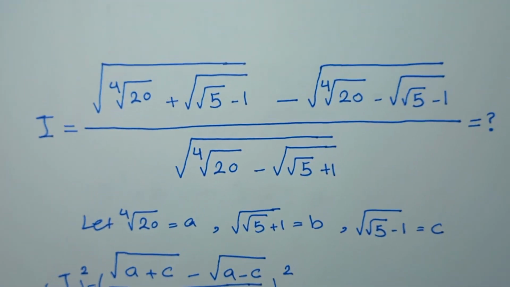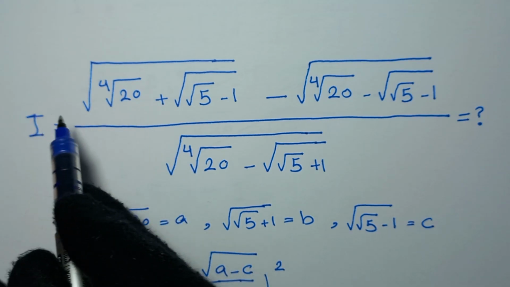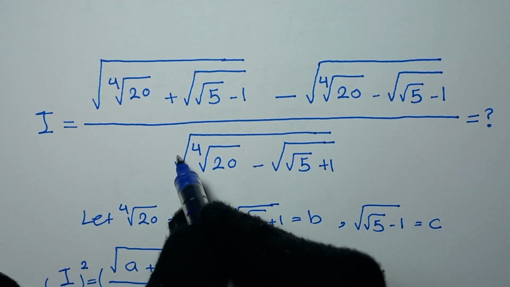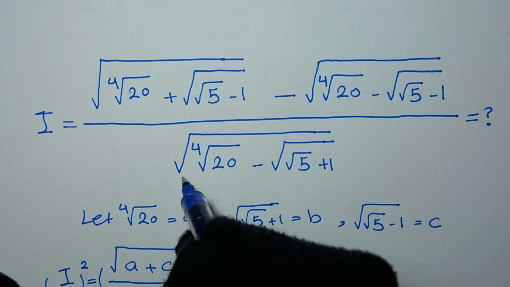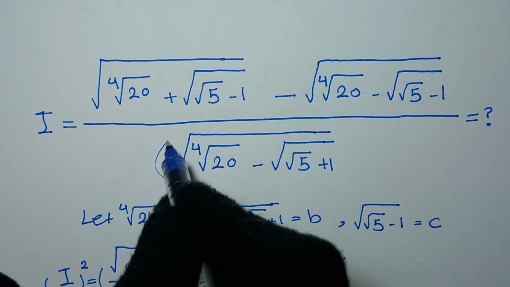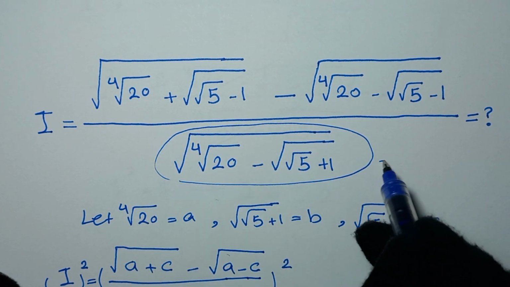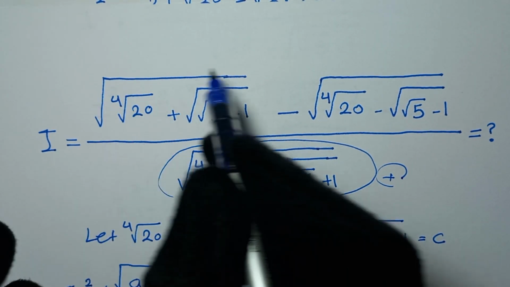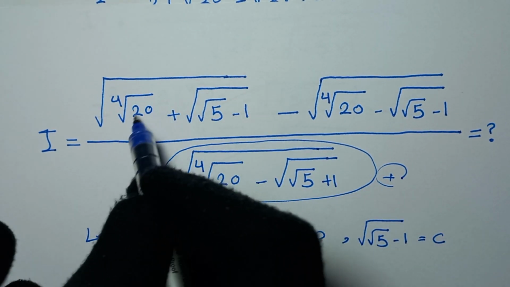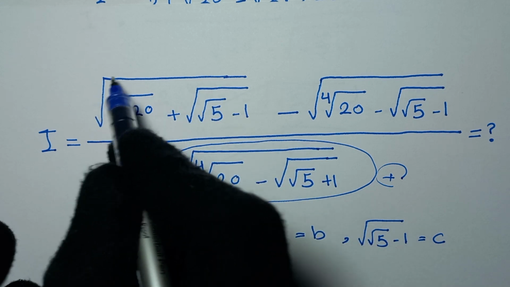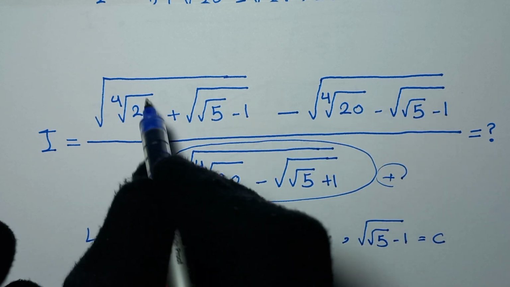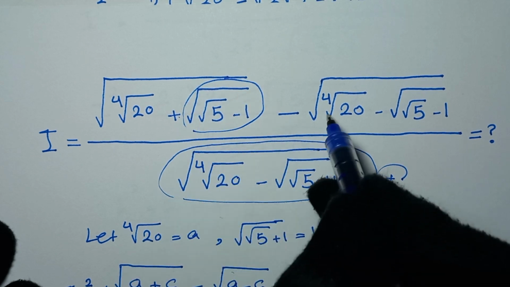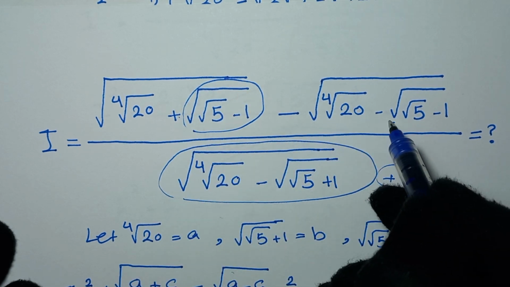from here, I is equal to this, right? So in here, for the denominator, we have a square root, so this denominator is positive, right? And here we have square root of fourth root of 20, inside of this square root, in here we have fourth root of 20 plus this, and here we have fourth root of 20 minus this.